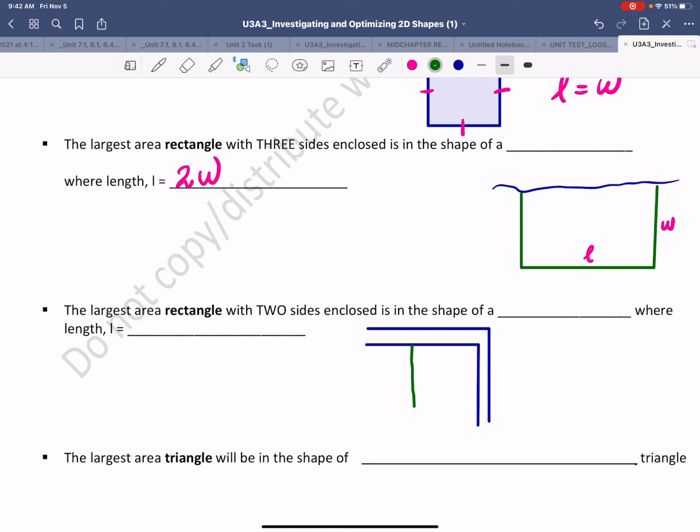So in this case, the largest possible area will happen when the length and the width are equal, which means that the rectangle must be in the shape of a square.